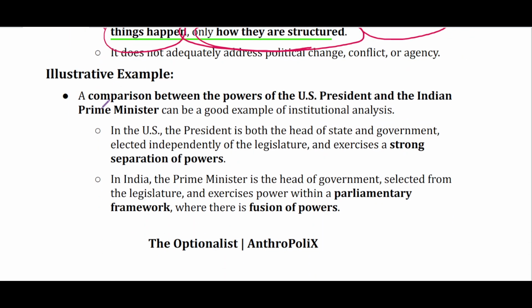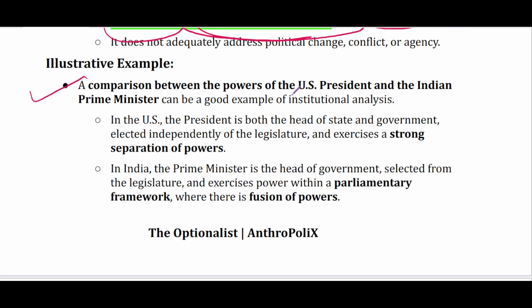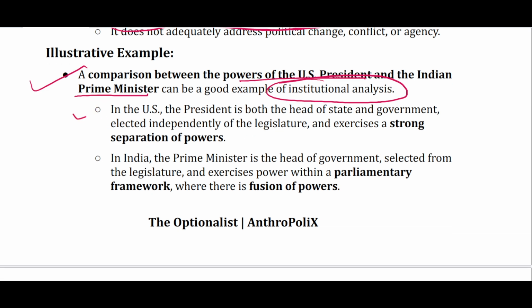Now the illustrative example. The comparison between the powers of the US President and the Indian Prime Minister is a good example of the institutional analysis, the traditional institutional comparative approach. Here, in the US the president is both head of state and government. And in India the prime minister is the head of government, whereas the president is the head of state.